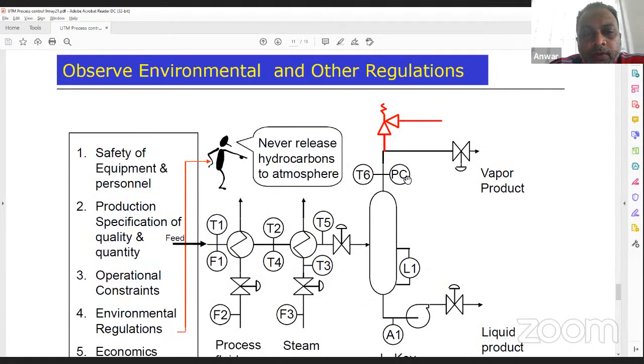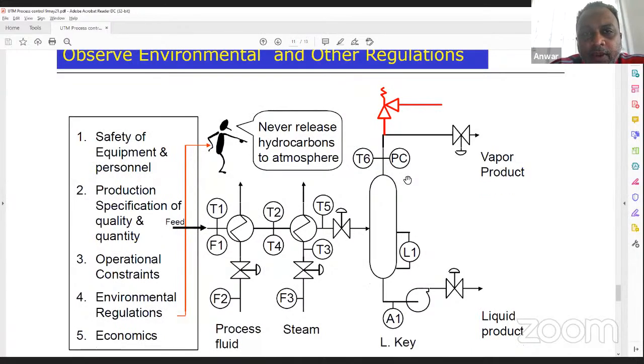Okay, so in terms of environmental and other regulation requirements, we know that we should not release any hazardous material into the atmosphere or into the environment.